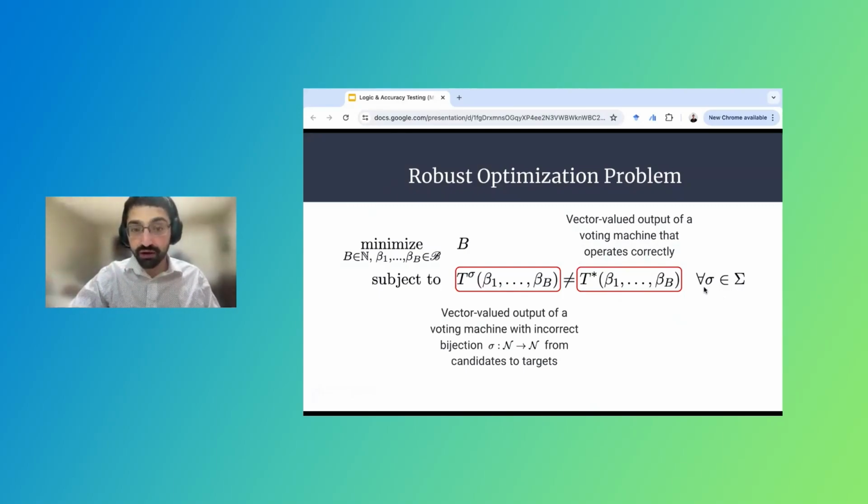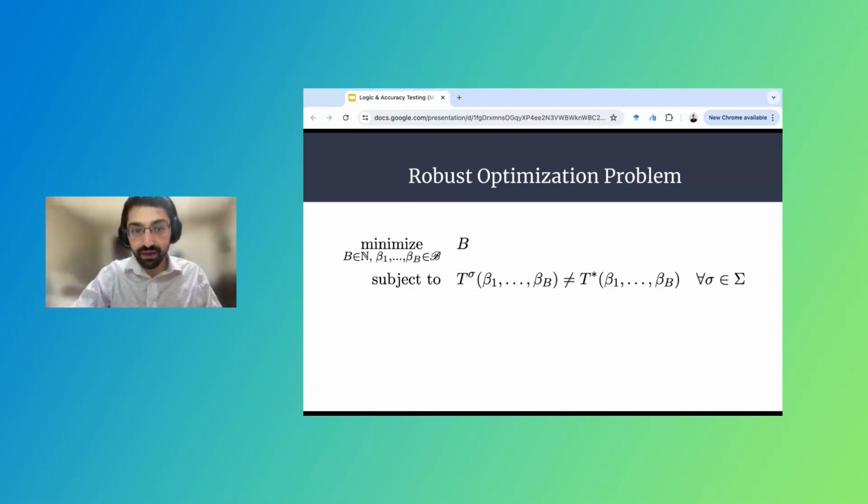For each incorrect mapping, it has a constraint that says your test deck must give an output under a machine with that incorrect bijection that is not equal to the correct one, which in other words means that the poll tape has to be wrong.